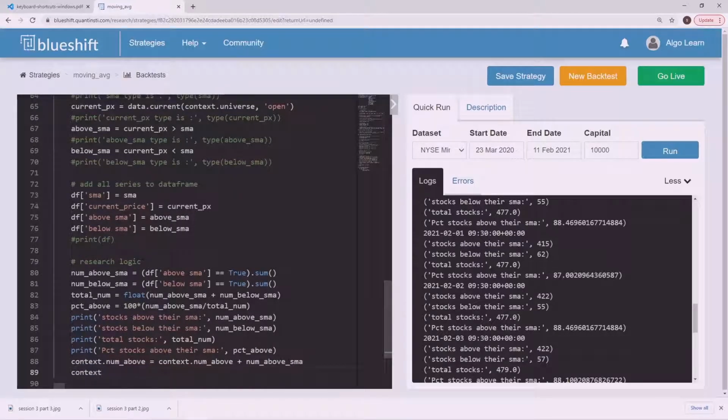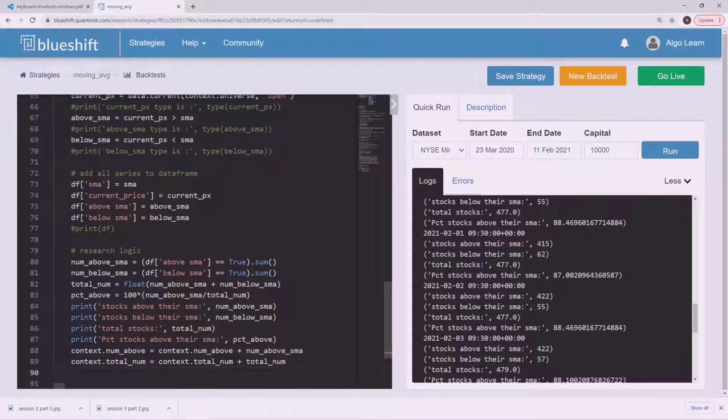So we're going to do context total num. We want to also keep track of the total number of stocks in our calculations, and run a cumulative total on that. And remember, there's a percent, right?